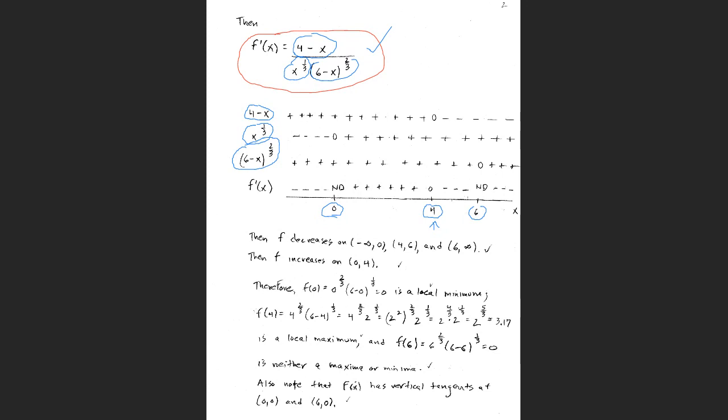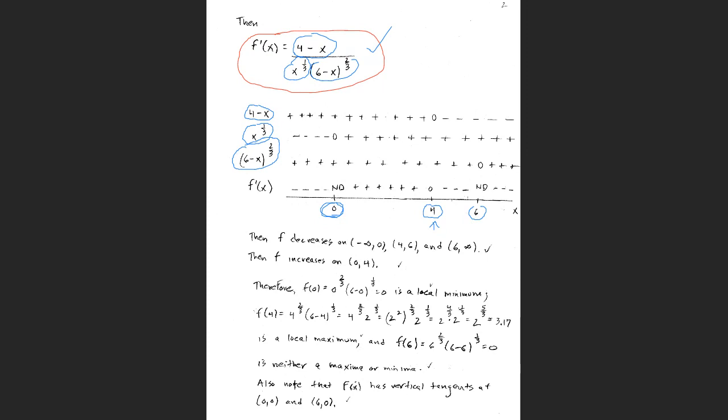Why would I include x equals 0 in my chart? Right, the denominator is undefined at x equals 0. 0 to the 1/3 would give you 0. That makes the denominator equal to 0.